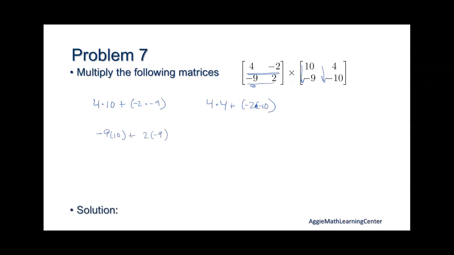And then finally, we're gonna get -9 times 4 plus 2 times -10. And then once we do our order of operations and add those all together, we'll get our completed matrix, which will save you the hassle. It's that.